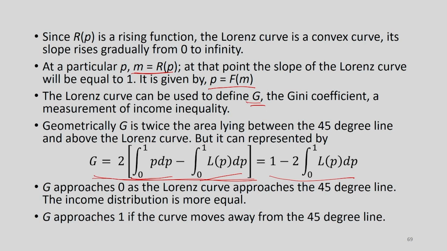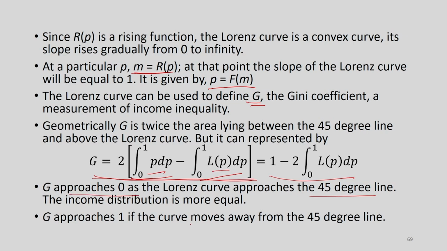L(p) is the Lorenz function, and it can be seen that as the Lorenz curve approaches the 45-degree line, the income distribution becomes equal and G approaches 0, because these two terms are becoming the same.